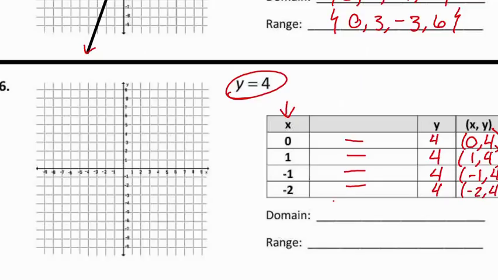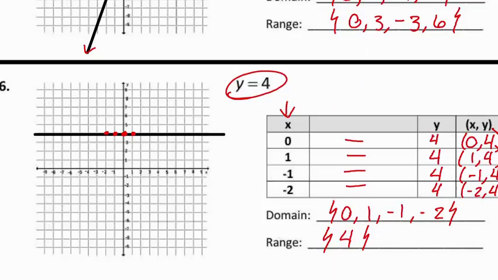And so our domain, 0, 1, -1, and -2, but our range is only 4, because everything repeats 4. So when we go to plot this, 0, 4, 1, 4, -1, 4, and -2, 4, you can see that they are all a horizontal line, and they pass through 4.